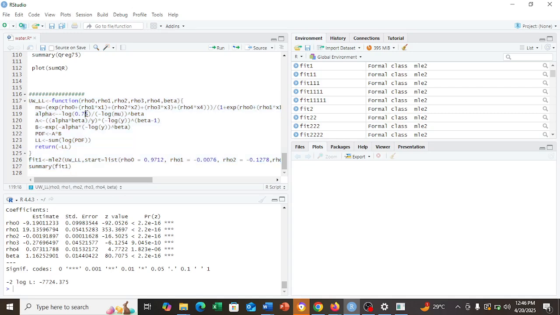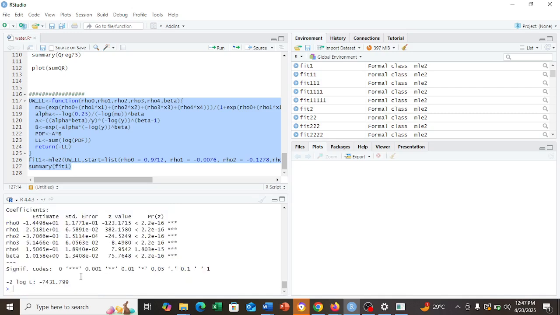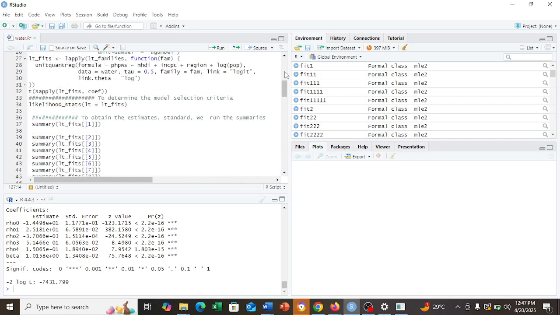Okay, if I reduce it to 0.5 and I run it, I'm waiting for the output. Yes, so here the output has reduced again to -74341.